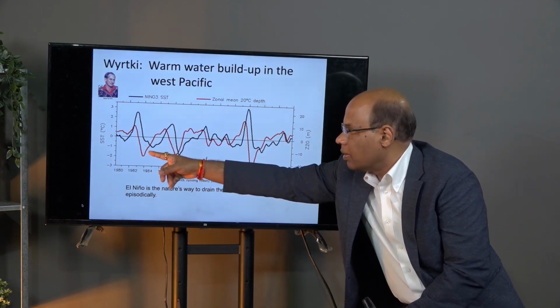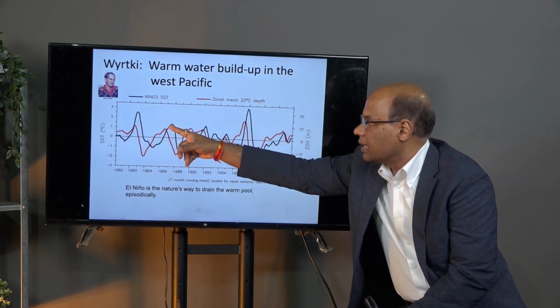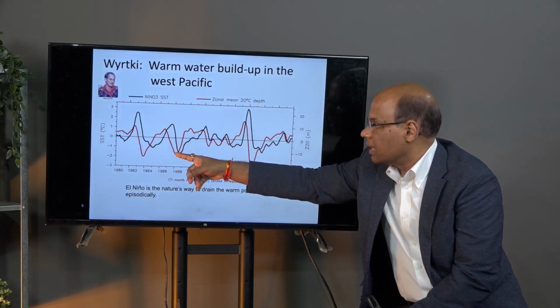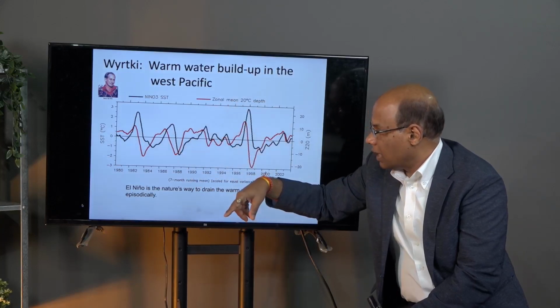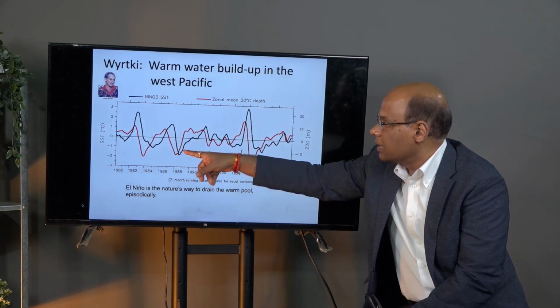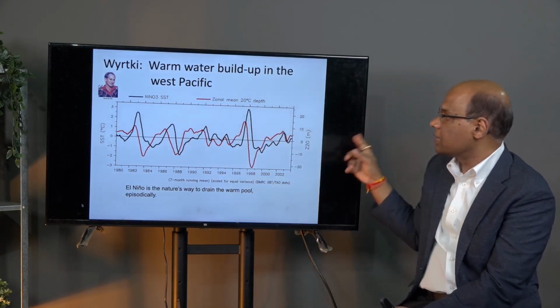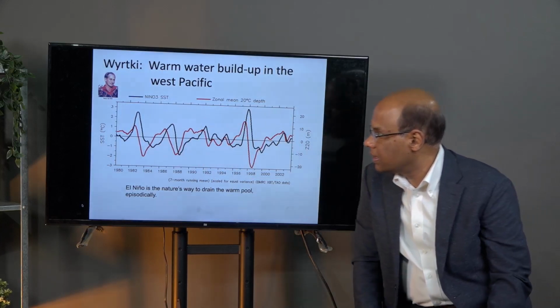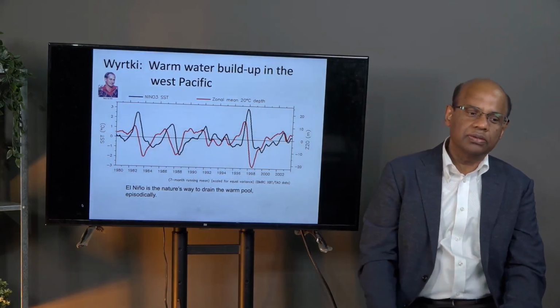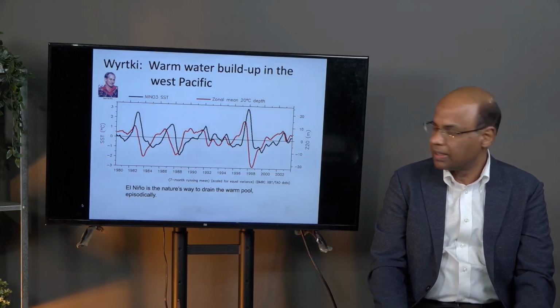Then again the warm water volume builds up, and that leads to the next El Nino and discharge. Then again we have a high warm water volume, then La Nina, and then gradual build up to El Nino, and that's how this happens. So this theory to some extent explains why you have a transition between El Nino and La Nina.